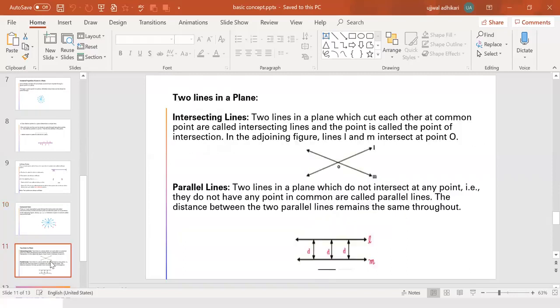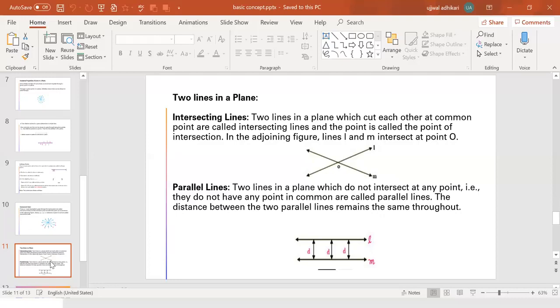And then 2 lines in a plane. अब यो दुईवटा point लाइनहरुलाई हामी different way बाट placed गर्यौं. यदि plane surface मा लाइनहरुलाई चाहिँ differently राख्दाखेरि, if 2 lines are crossing over with each other, one line cross another one, or in other language it can be said that if 2 lines intersect with each other, that is called intersecting lines. 2 lines in a plane which cut each other at a common point are called intersecting lines, and the point is called point of intersection.